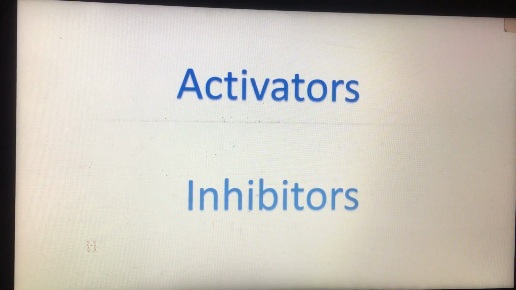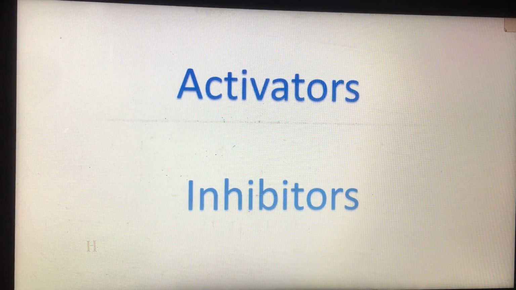What do we mean by activators and what do we mean by inhibitors? We are going to give two examples for both. Activators are molecules that make the binding of enzyme to the substrate more likely. For example, chloride ions.